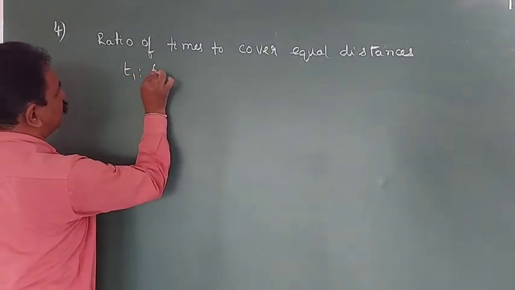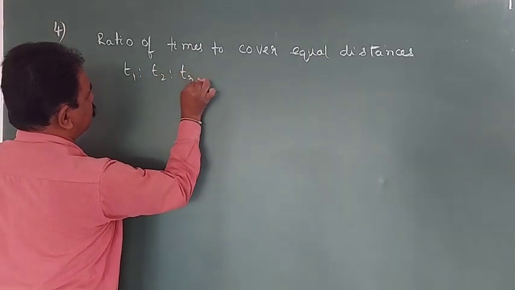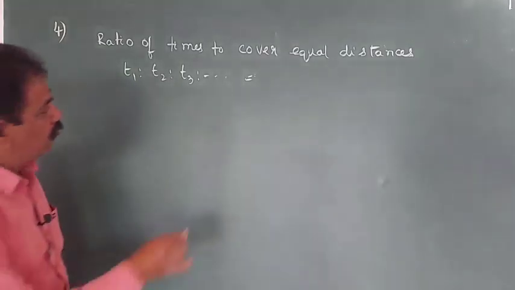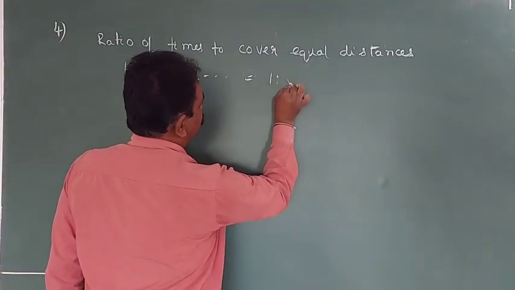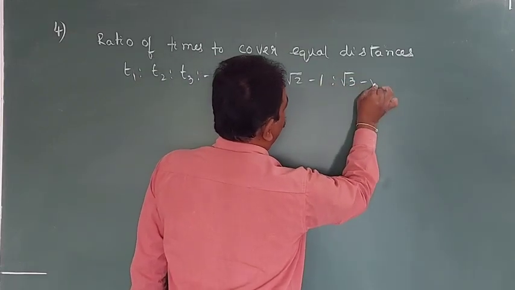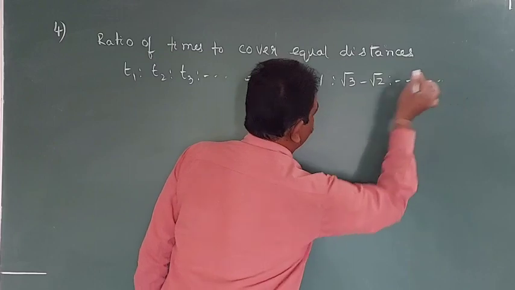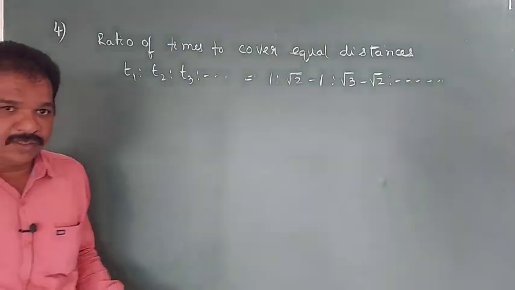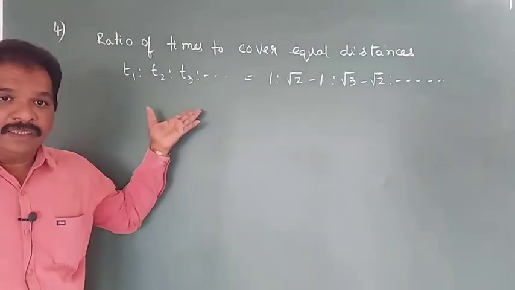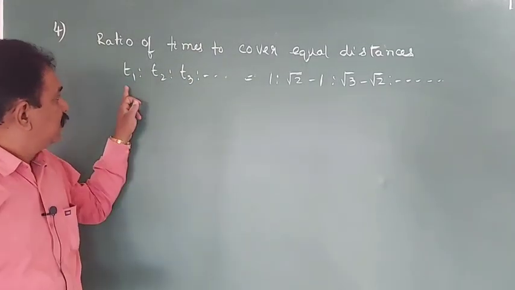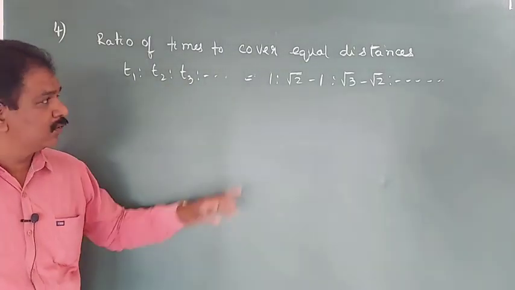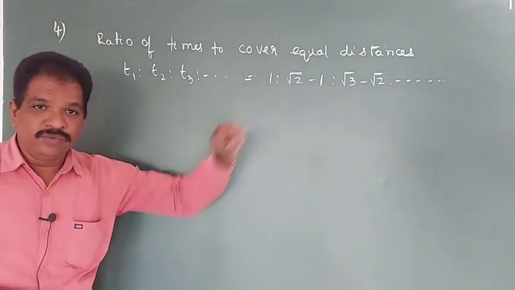T1 is to T2 is to T3 is to so on is equal to 1 is to root 2 minus 1 is to root 3 minus root 2 is to so on. Okay? Ratio of times to cover equal distances. T1 is to T2 is to T3 is to so on is equal to 1 is to root 2 minus 1 is to root 3 minus root 2 and so on.